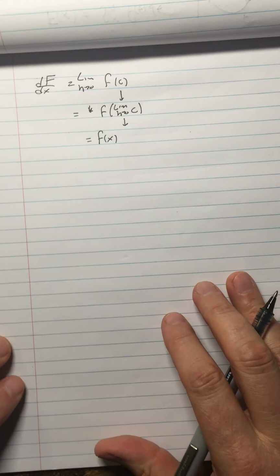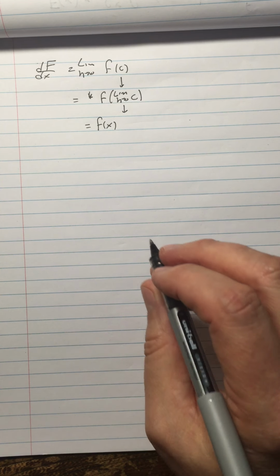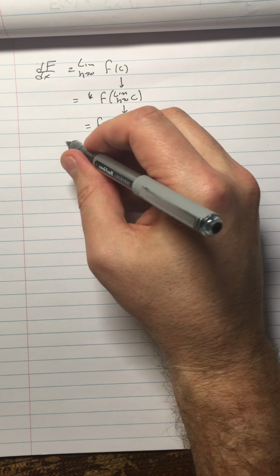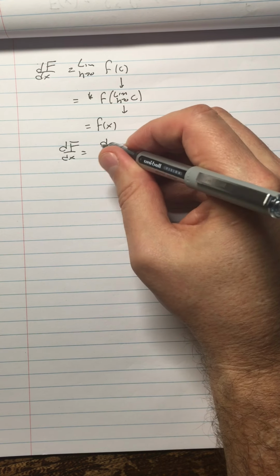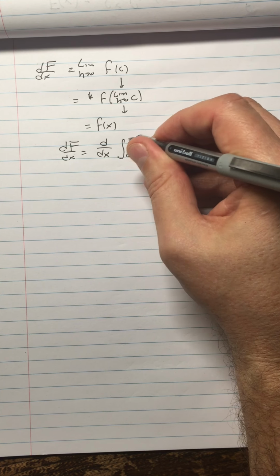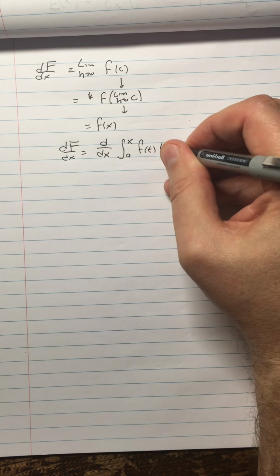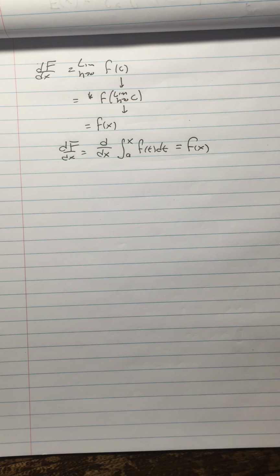Now, this astounding and weird fact is often known as the fundamental theorem of calculus part 1. So it's saying that df dx, which remember was the derivative with respect to x of the integral from a to x of f of t dt, is just equal to f of x. All right, that's the crucial thing.